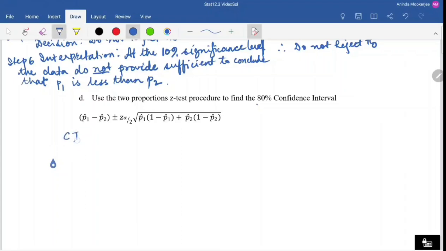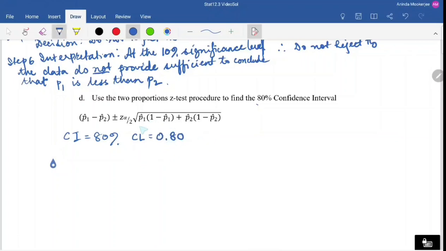Confidence interval is 80%. Confidence level is the decimal version of the confidence interval, which is 0.80.